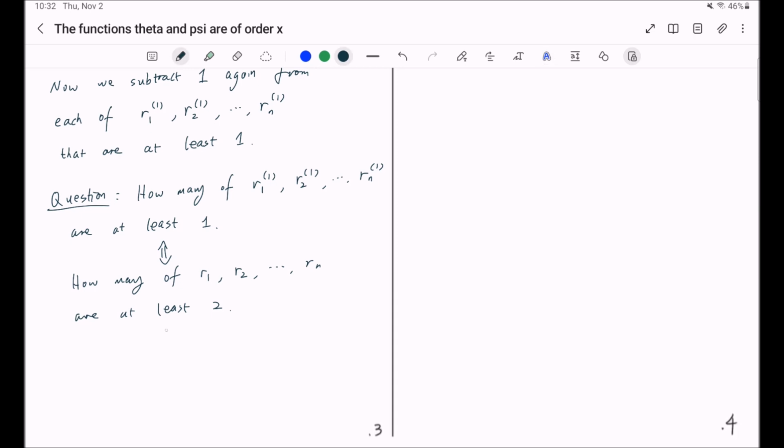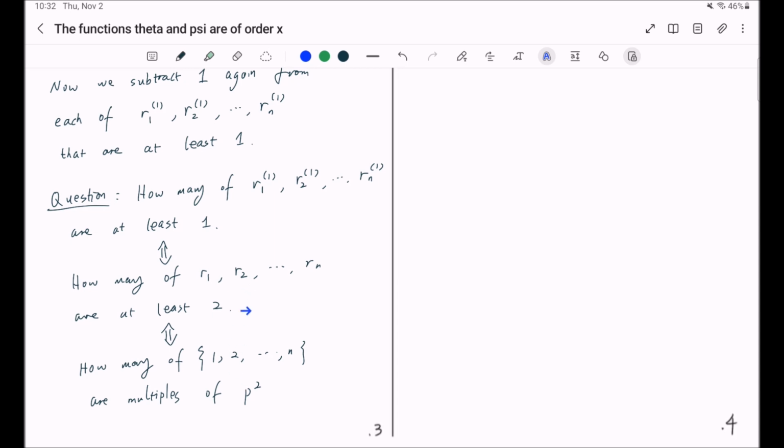And again, this question is equivalent to asking how many of the integers from 1 to n are multiples of p squared.